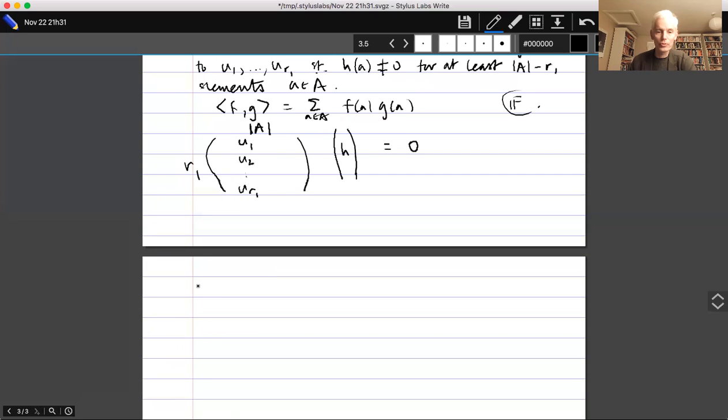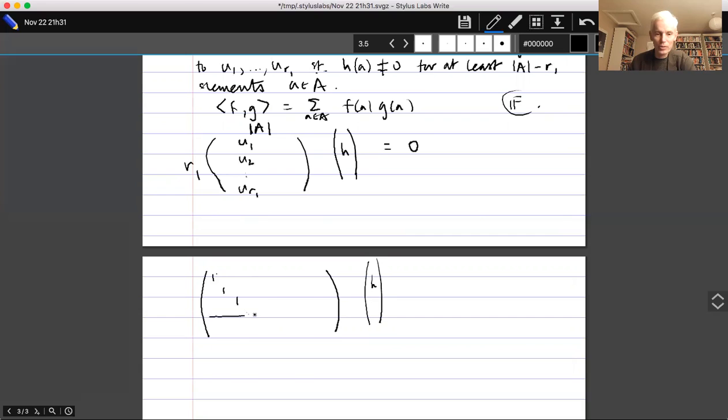So we can put this into reduced row echelon form, and we will end up with a matrix that, if we're allowing ourselves to permute the columns, which may mean that we have to permute the entries of h, without loss of generality looks like this.